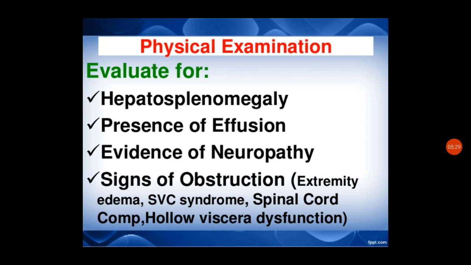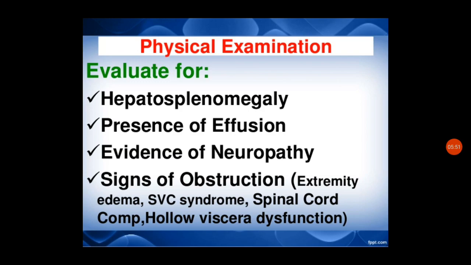Next, we can discuss the physical examination of a patient with non-Hodgkin's lymphoma. Evaluate for hepatosplenomegaly, then for the presence of effusion. Evidence of neuropathy can be there because of the compression effect of the mass.